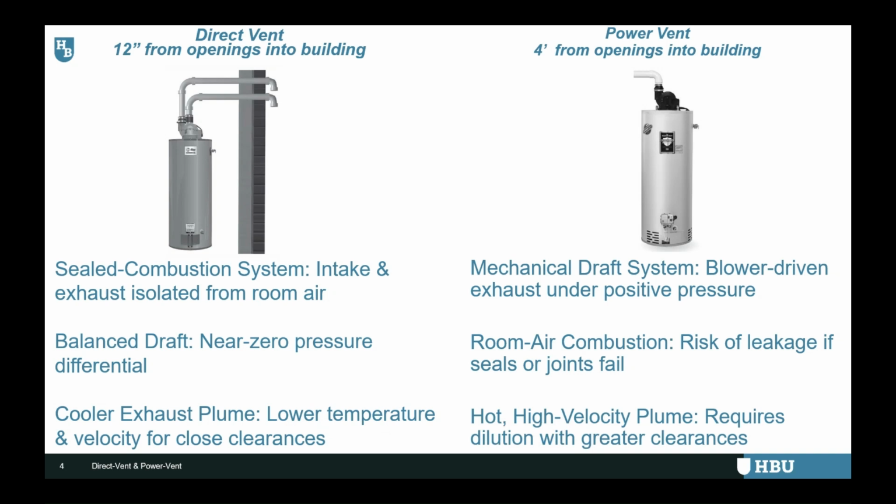It uses two pipes, one to bring combustion air in from the outside and another to exhaust gases back outside. In simple terms, power vent uses indoor air, while a power direct vent uses outdoor air for combustion. Both use a fan to take the exhaust out of the home.